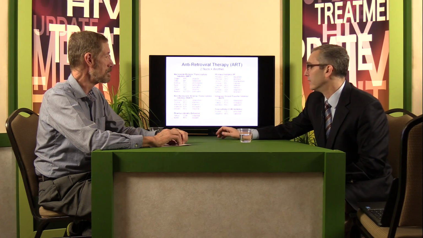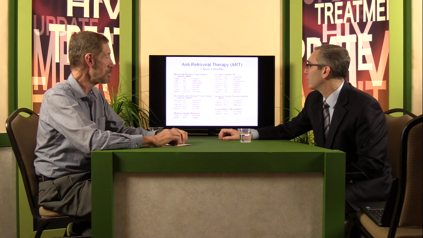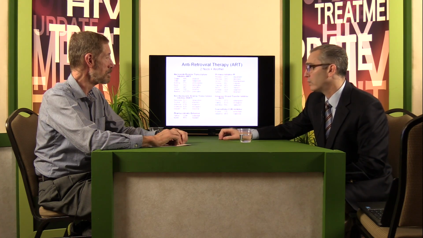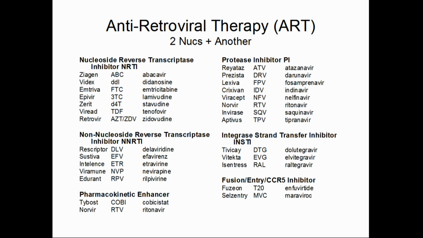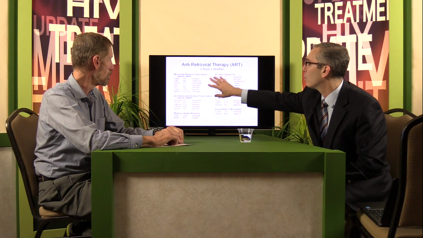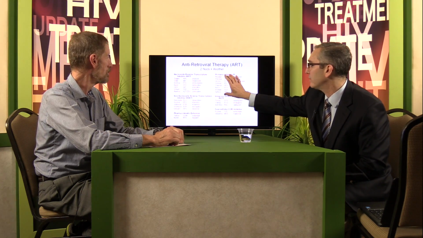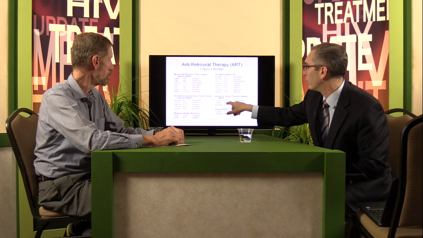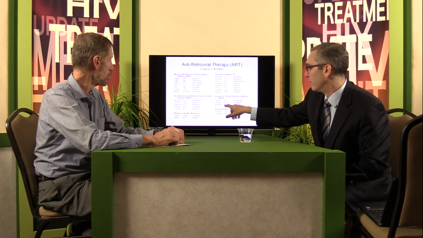That's for the A and or the T and the G. And so we found that if you pair one of those with some other medication, that is what makes antiretroviral therapy. So we would take 2 of the nukes and either one of the non-nucleoside reverse transcriptase inhibitors, or 2 of the nukes and one of the protease inhibitors, or 2 of the nukes and one of the integrase inhibitors.